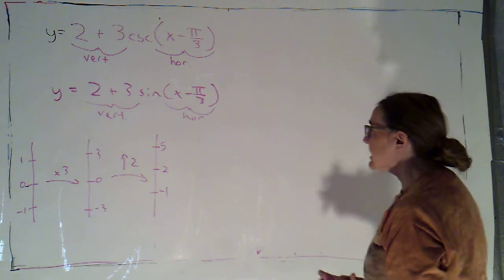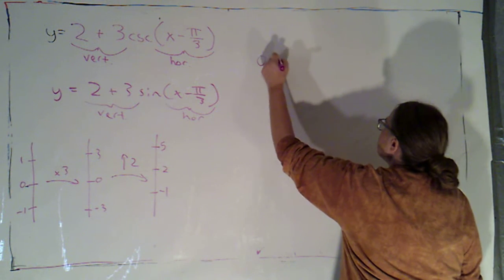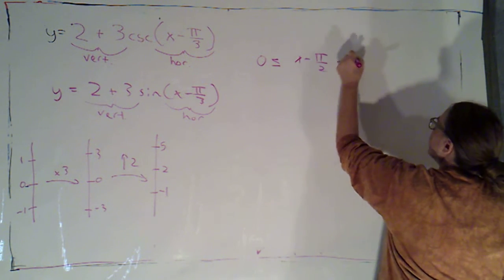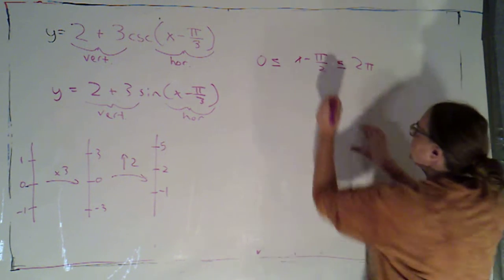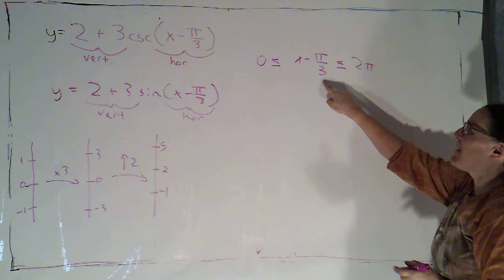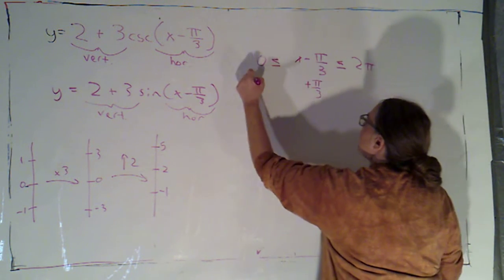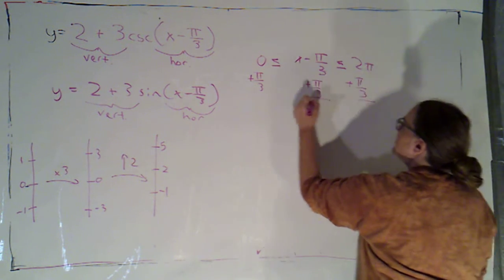And then for the x values, I know that sine does its thing once as the input varies from 0 to 2 pi. And the input is x minus pi over 3. So I'm just going to add pi over 3 to each piece here.